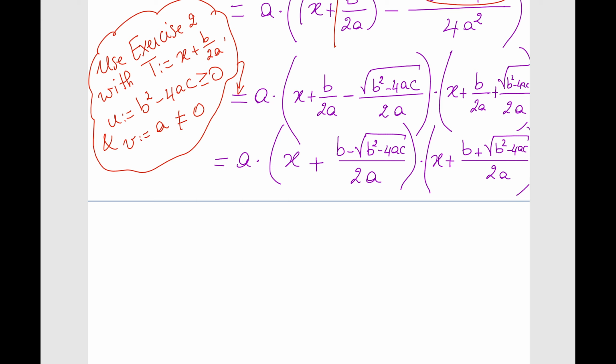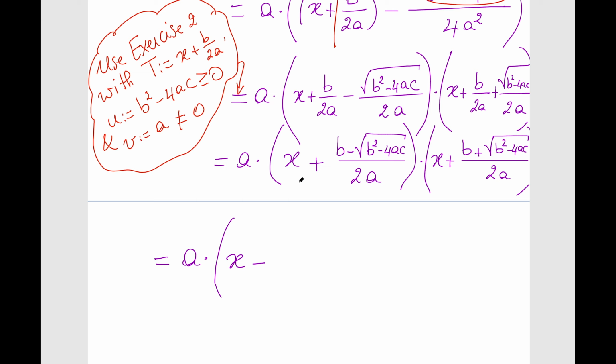Makes sense? All right, and one last step. Look, I'm gonna rewrite now. You see this plus here? I'm gonna turn it into a minus in the following sense. I can write plus as subtracting.